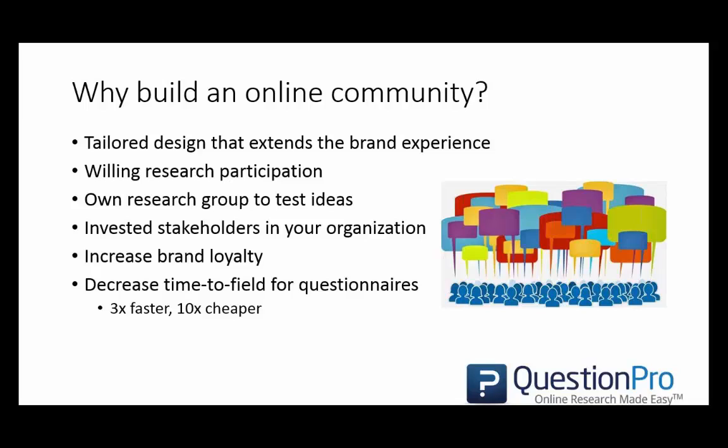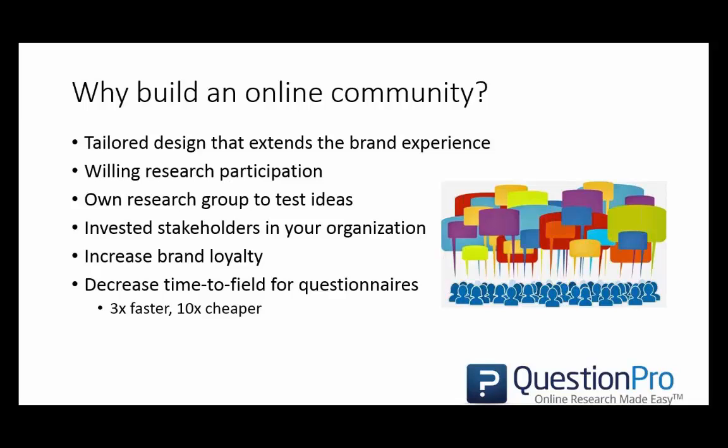One of the customers that has already been using this actually did some analysis of what their savings were for using an online community panel, and they came up with the fact that it was 3 times faster to get the surveys out and back, and 10 times cheaper to conduct all of this research. What does that mean?